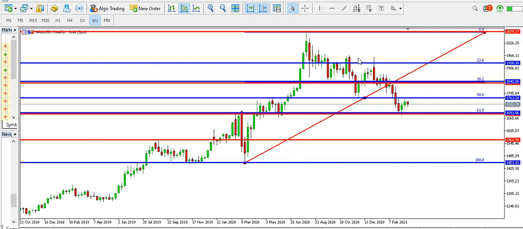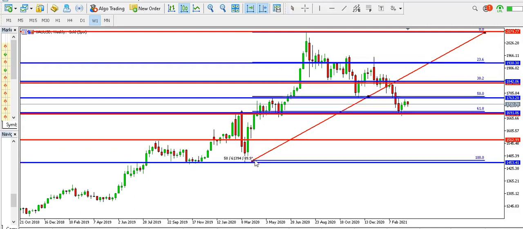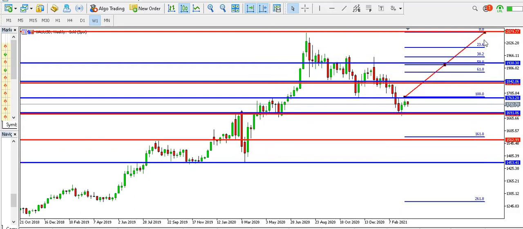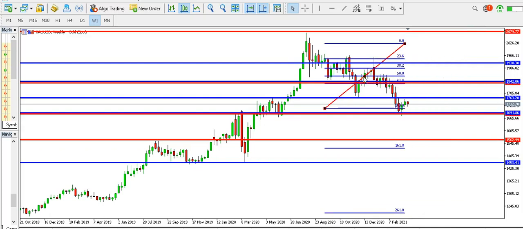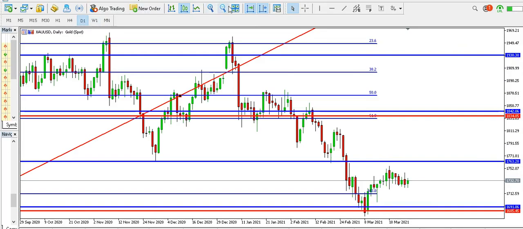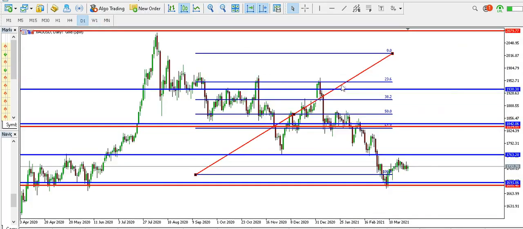Now we're going to move on to the daily time frame. I'm going to reduce so that I'll be able to use the Fibonacci tool. We're going to the daily time frame to mark out the levels.